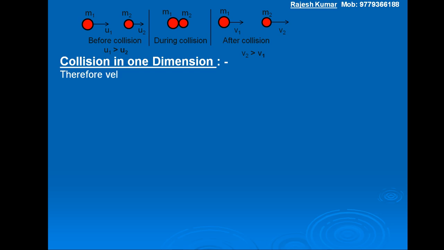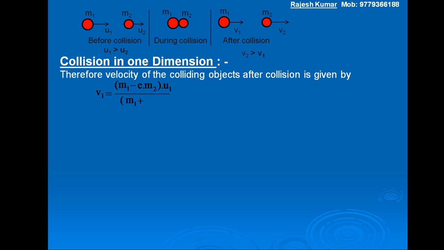Now, the velocities of the colliding objects after collision are given by V1 equal to (M1 − e M2) U1 upon (M1 + M2) plus (1 + e) M2 U2 upon (M1 + M2). This is equation number 3.